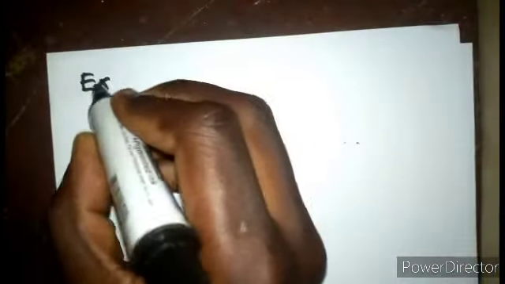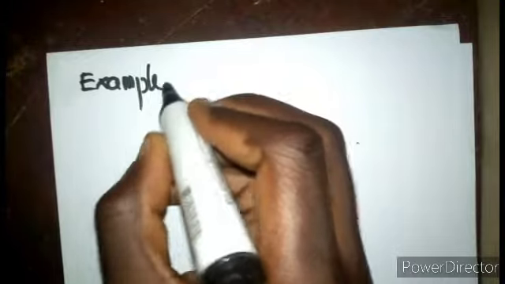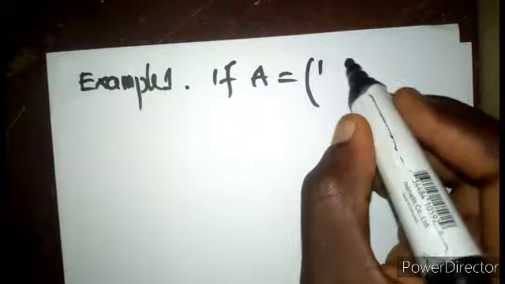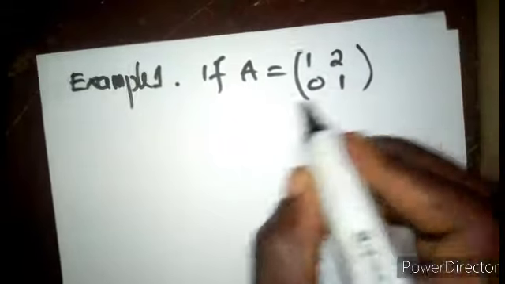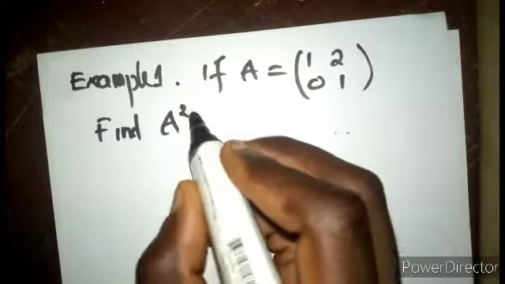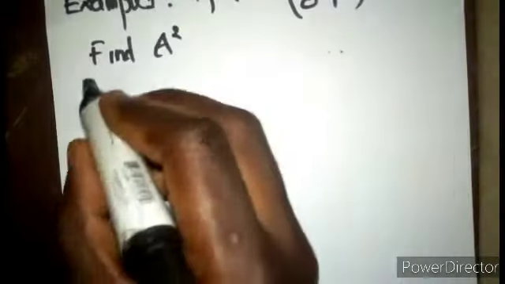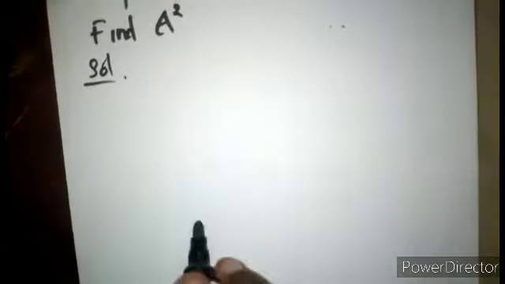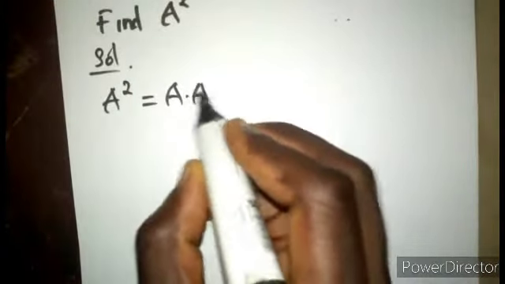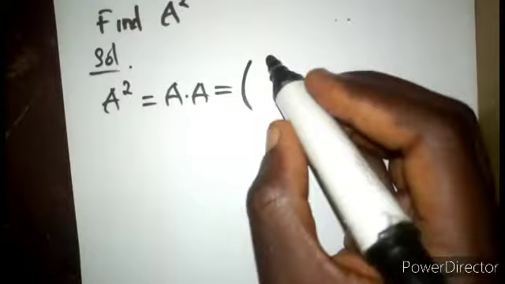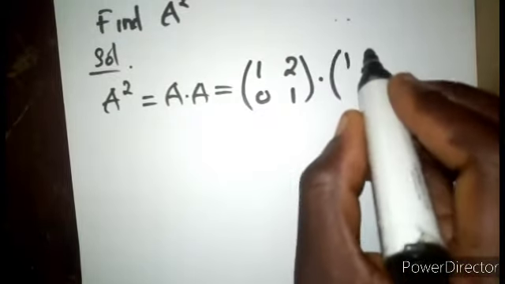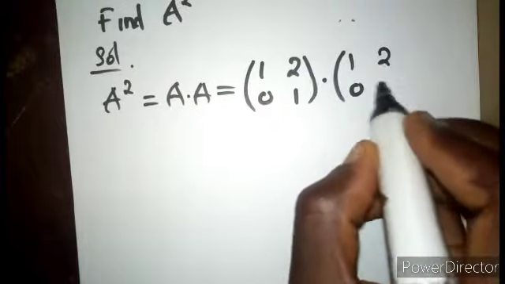Hands on. So we'll start with example 1. If A is the matrix 2, 0, 1, find A squared. Of course we both know that A squared means A times A. That's 1, 2, 0, 1 times 1, 2, 0, 1.